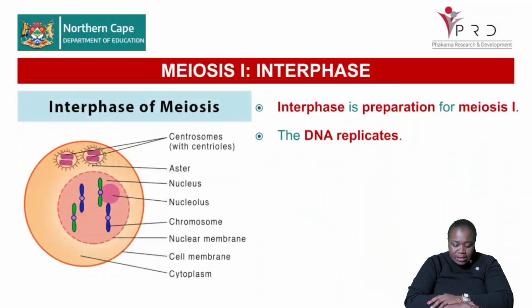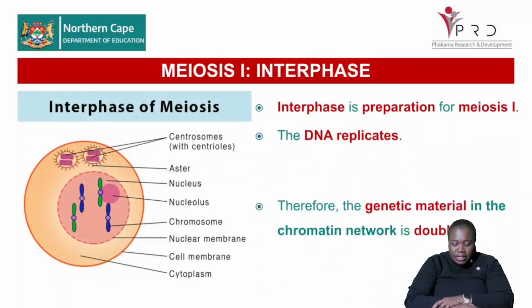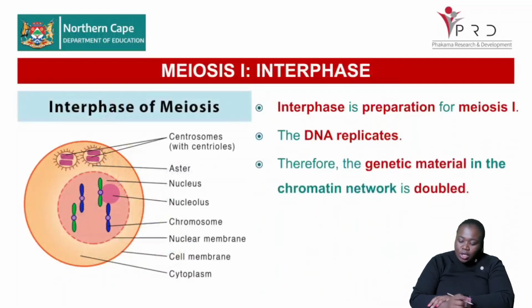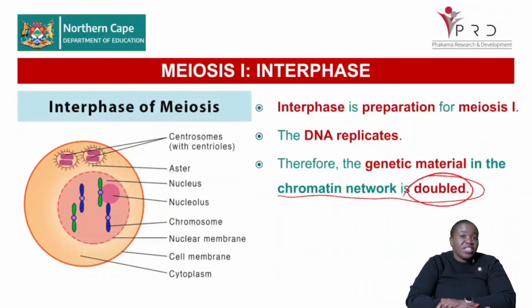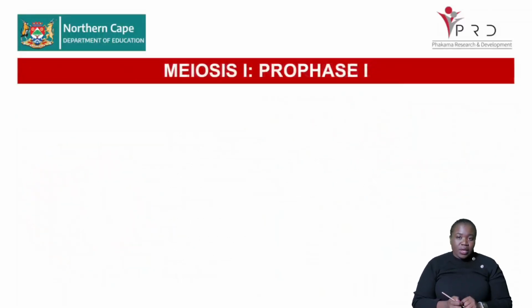The DNA replicates, the genetic material becomes replicated as well. Right, so the chromatin network is going to be doubled, or the genetic material in the chromatin network is going to be doubled during this phase. Right, so this is basically what happens during interphase. The main thing that happens there is DNA replication.